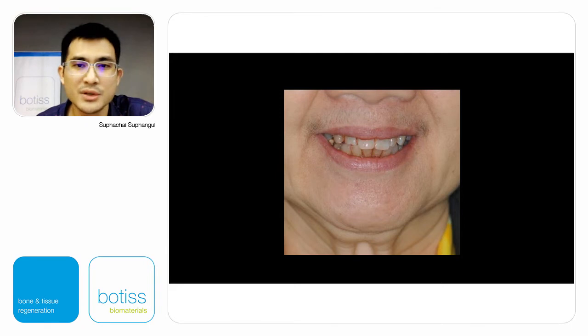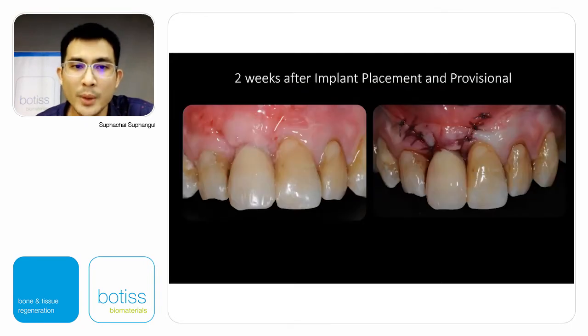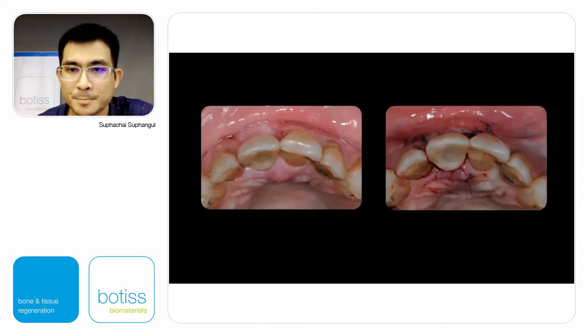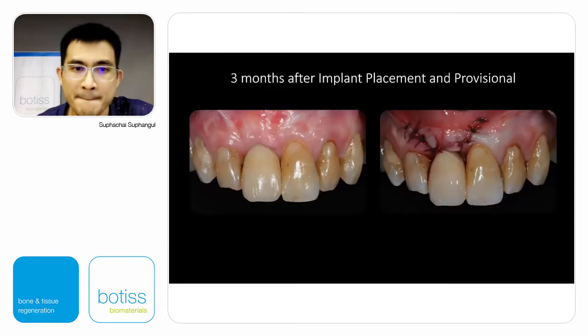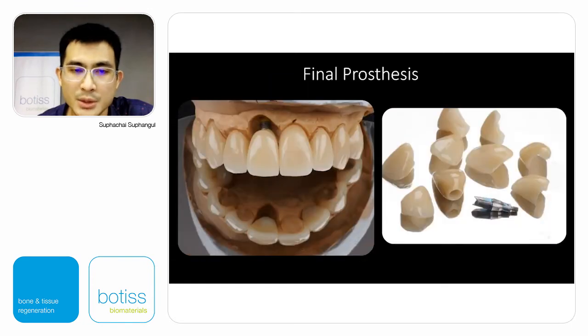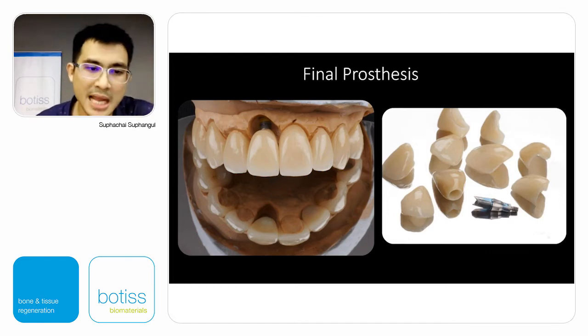That's after surgery. At 2 weeks, the remodeling is not complete yet. Compared to after the surgery, you can see the soft tissue is growing following the provisional. Before and after, you can see it has thickened. After 3 months, compared to after the surgery, when the tissue contour is ready, we do the final prosthesis, all the front teeth reconstruction.